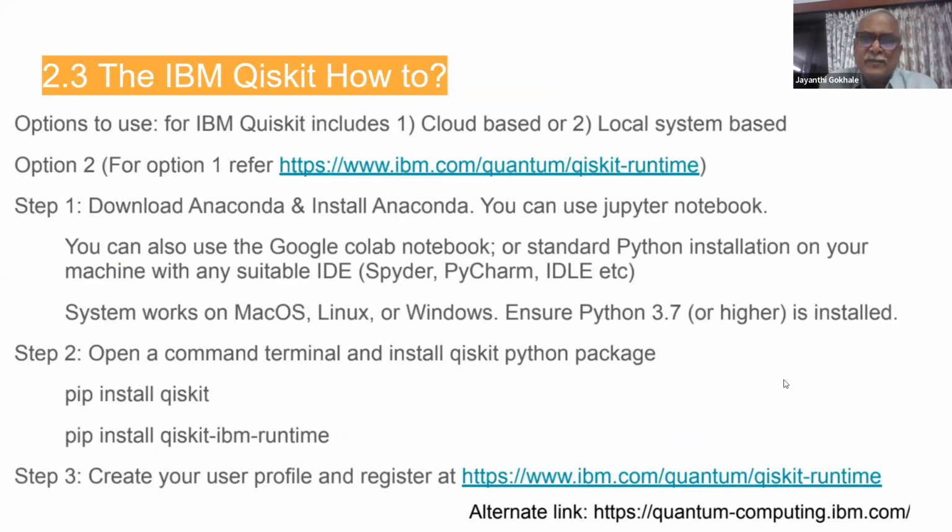Okay, so as I told you earlier on, you have essentially two approaches to set up your system. One way is you can use this entire IBM Qiskit along with the infrastructure, and directly set it up onto your local machine. For that, you can download and install Anaconda, and Anaconda automatically provides you with a Jupyter notebook.